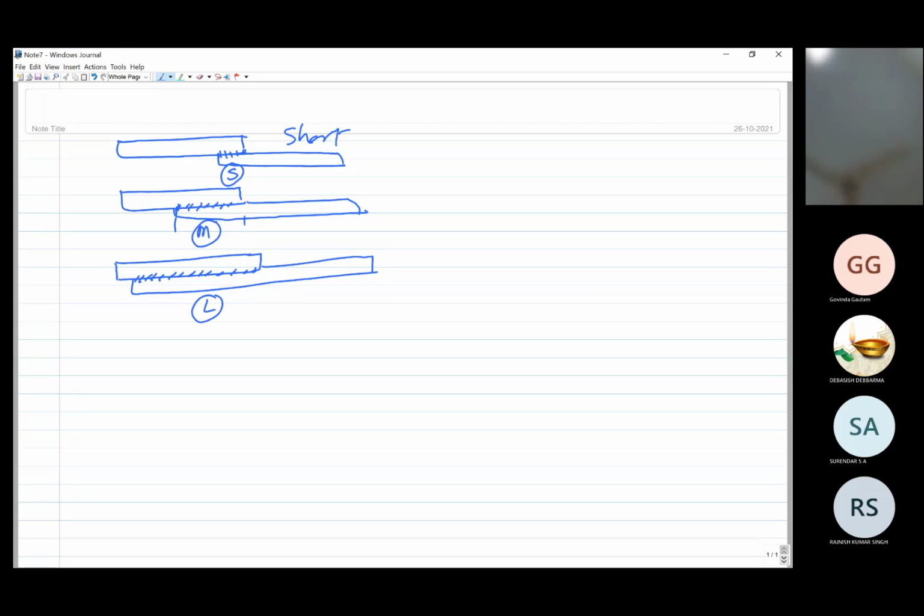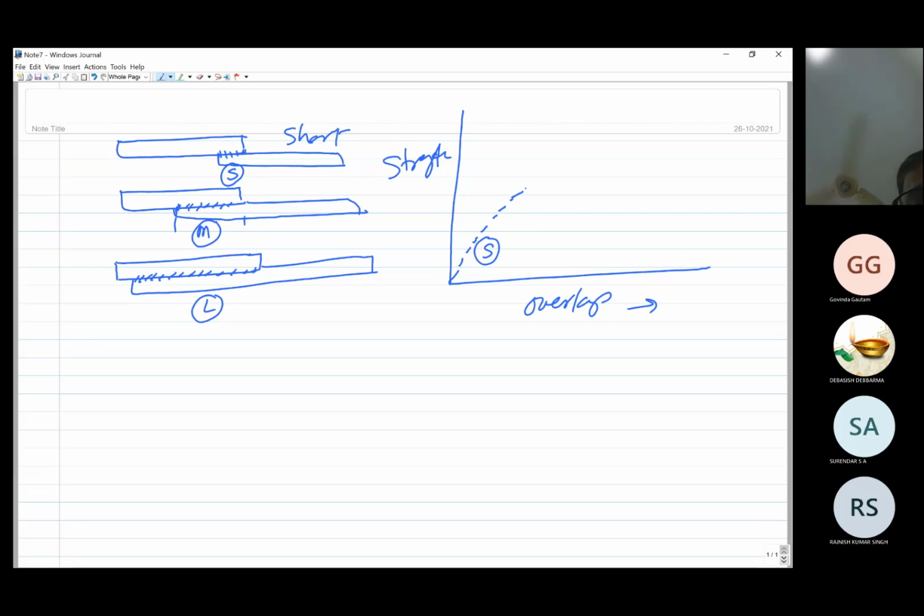So how does it affect the load carrying capacity of the joint? Here we mention strength, and overlap length on the x-axis. Initially, in the short zone, there is an increasing strength with the increasing overlap. This is the short overlap portion, and this section is almost linear.